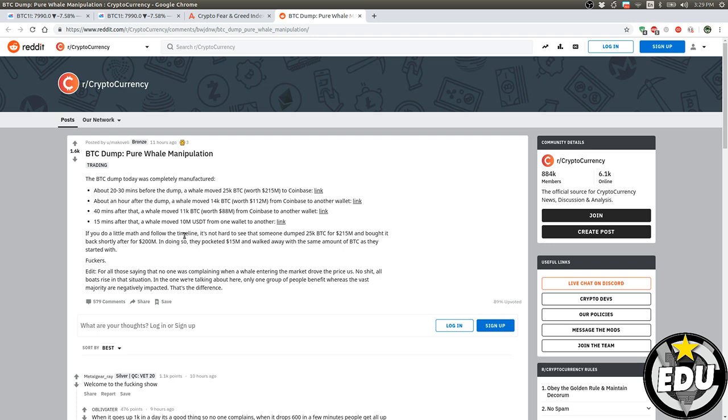Because if this is the case, and they bought back 200 million in coins, we should still go up because they just bought back. They just manipulated the price to cause a crash to buy Bitcoin a little bit cheaper, but they're still in. So this doesn't tell me too much. I would like to see the chart better.